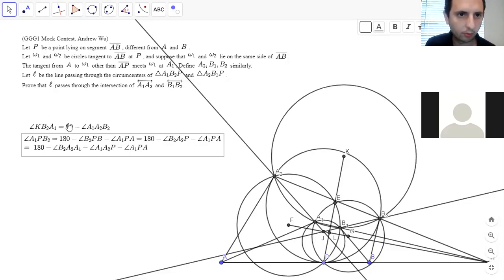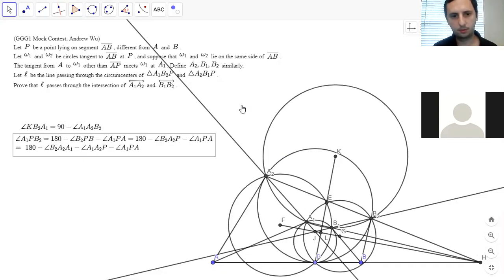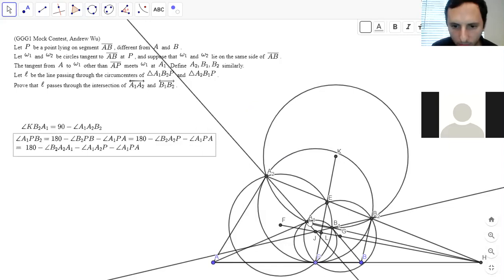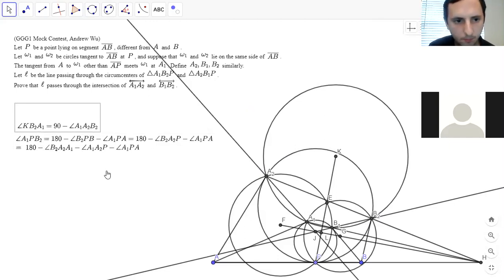Okay, so rearranging, basically we want to show, say that one more time. Yeah. So we will use K B2 A1 is 90 minus A1 A2 B2. So if we want to show that A1 B2 is equal to K B2 A1, right? Yeah.